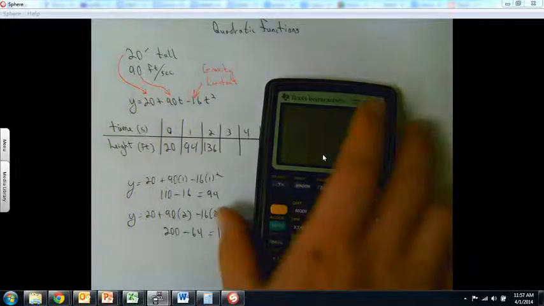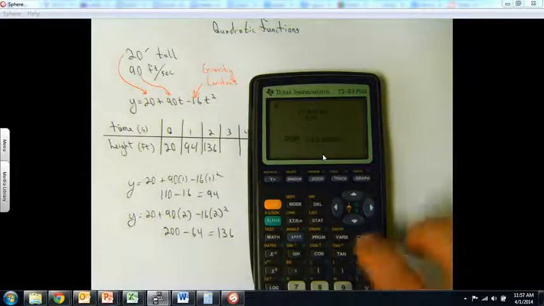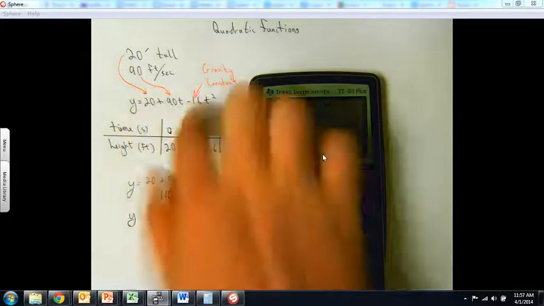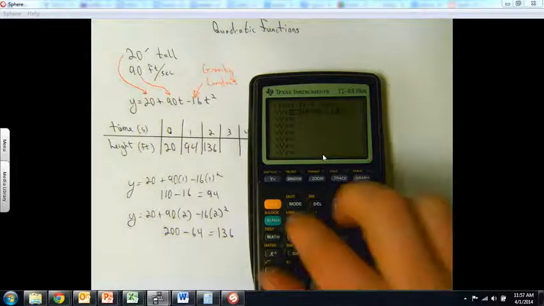So, I'm going to take my calculator. First thing I'm going to do is clear it. Second, plus 7, 1, 2. Now, in the y equals, I'm going to plug in my equation. 20 plus 90x, the calculator has to deal with x, not t, minus 16x squared.